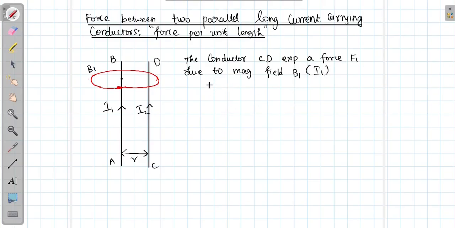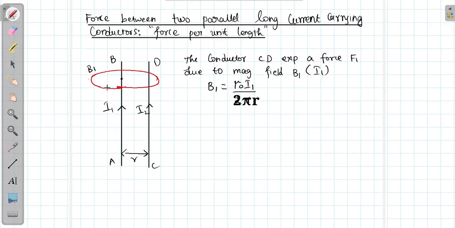So B1 is equal to, we know the magnetic field produced by a current carrying conductor, mu naught I1 divided by 2R. You know the formula: due to a straight conductor it is mu naught I by 2R. Do you remember? Yes, sir.